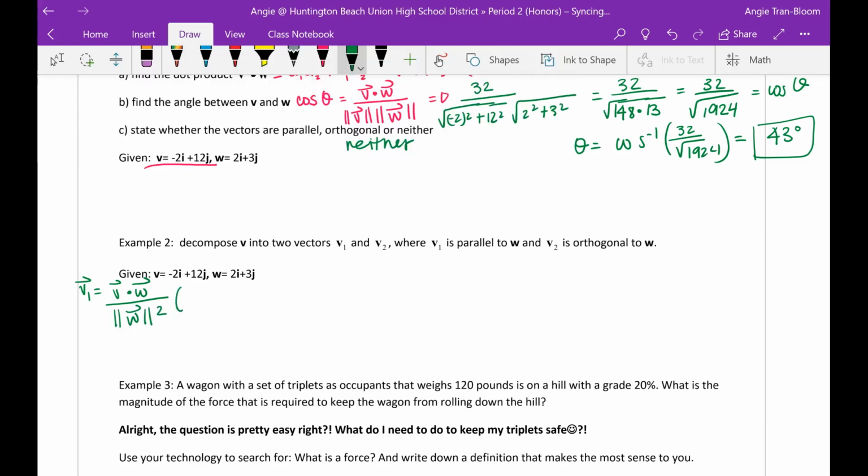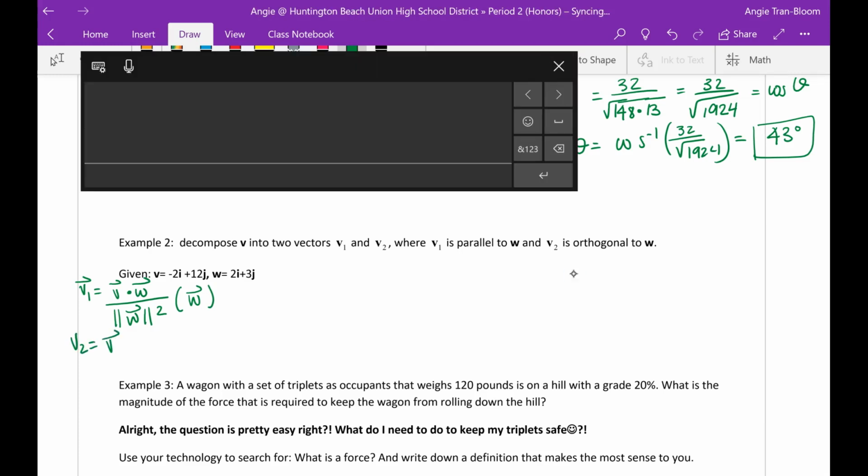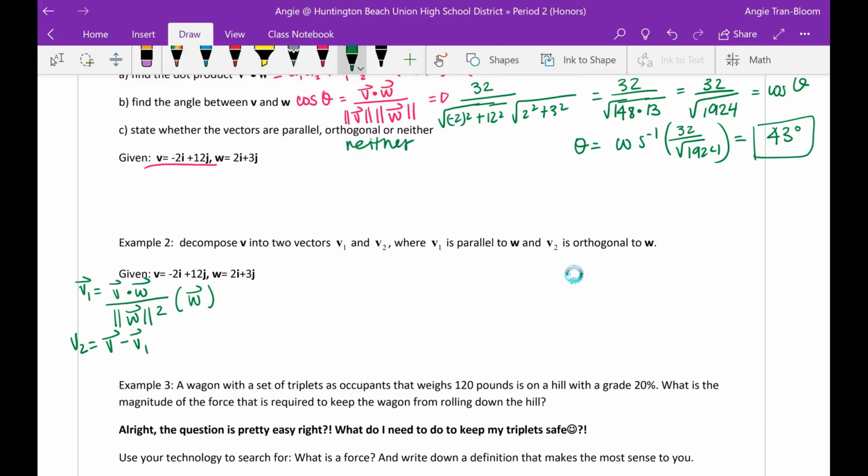Once we have that constant, we multiply it by vector W. And how would we get V2? V2 is vector V take away V1, once I know what it is.